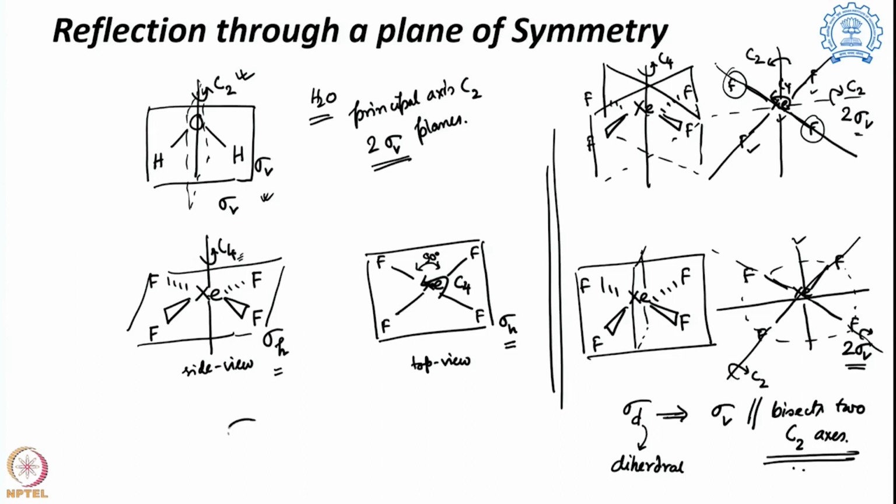So, all we learned is that there are 3 different sigma planes: sigma H, sigma horizontal, perpendicular to the principal axis; sigma V, sigma vertical, which contains the principal axis; and sigma D, which is a special kind of sigma V but bisects two C2s. So, that is what a reflection through a plane of symmetry is.